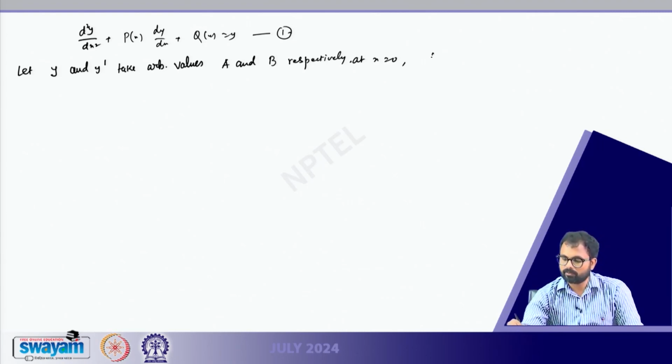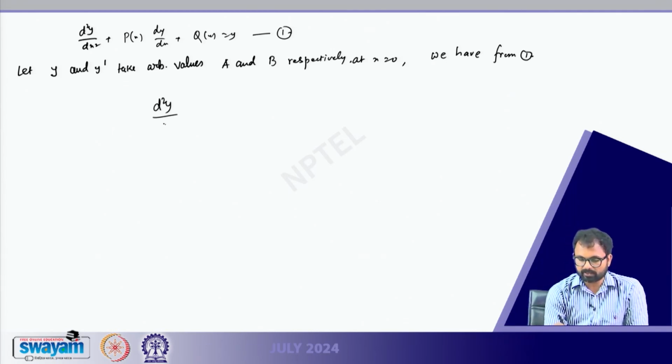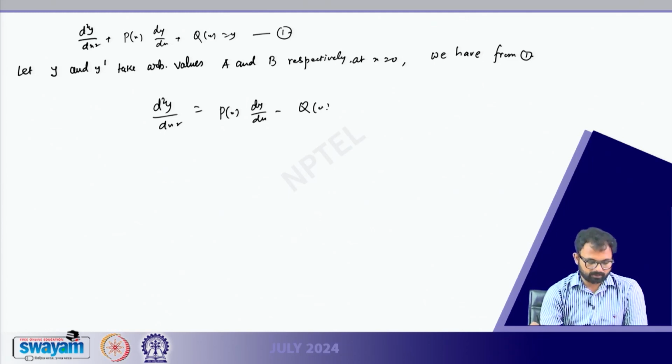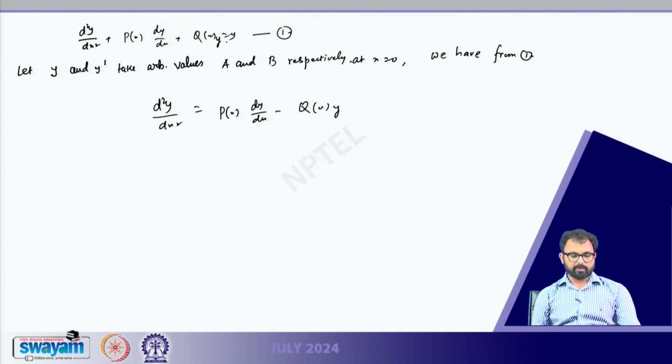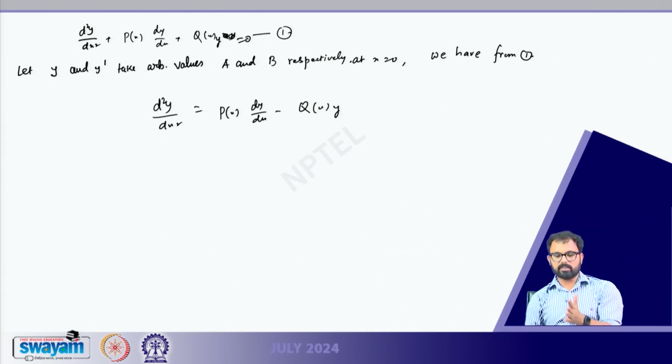So, we have from 1, d square y by dx square equals to minus Px dy dx minus Qx y, right. I will take everything on the right hand side.